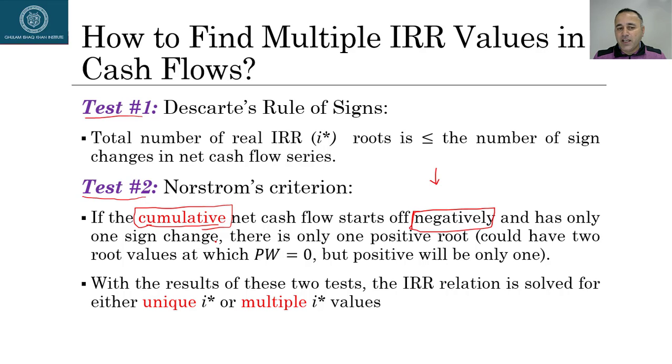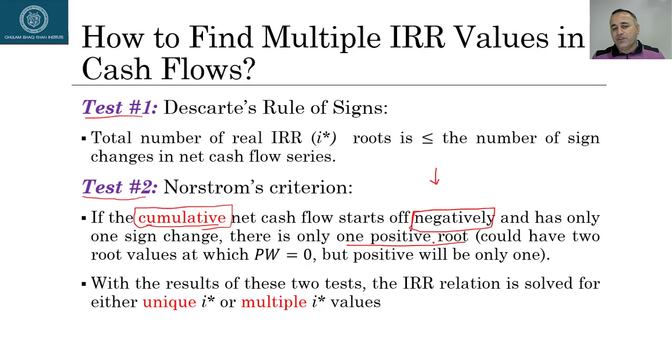Let me recap it for you. Nordstrom criteria states if the cumulative net cash flow starts negatively and has only one sign change, so the sign changes only once, there is only one positive root. There will be a unique positive root.